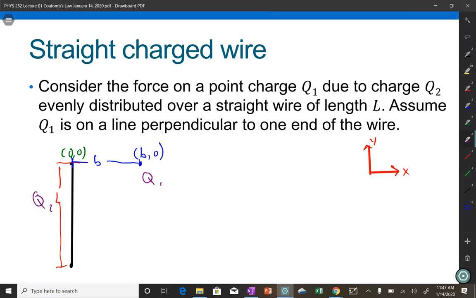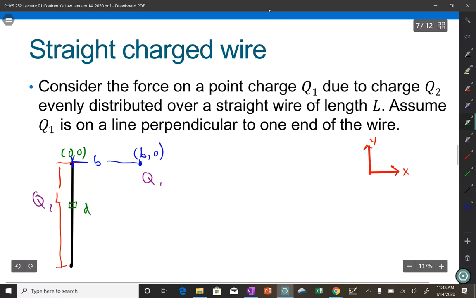Q2 is the wire, the whole wire, not a point on the wire. We're going to get to that; that's part of the process. So first I have my picture drawn out. And the next thing is, what kind of geometry do I have? It's linear. And so I'm going to have a little point here that I'm going to say is charge dq.